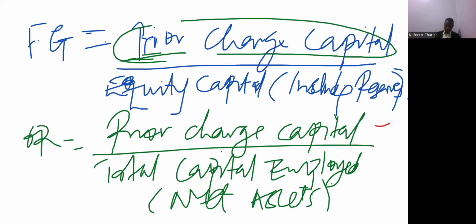But also, prior charge capital could also include or exclude what we call minority interest. We said minority interest, deferred tax, deferred incomes, they can be included or excluded depending on the scenario they have given in the financial statement.